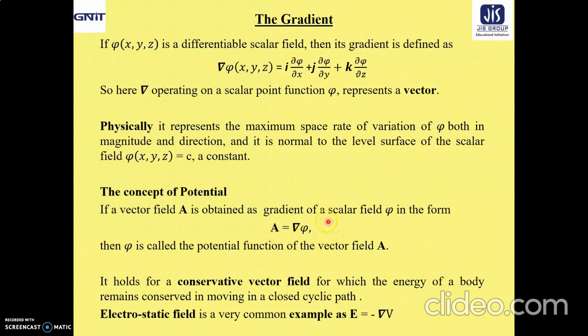In that form, phi is called the potential function of the vector field A. That means the vector field A can be obtained from phi using the gradient operation.